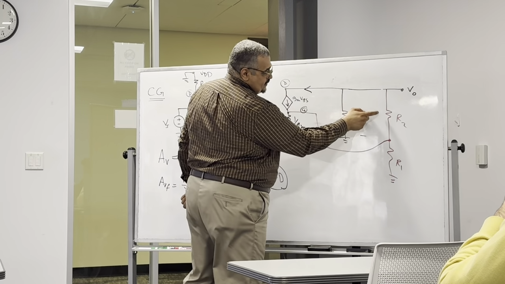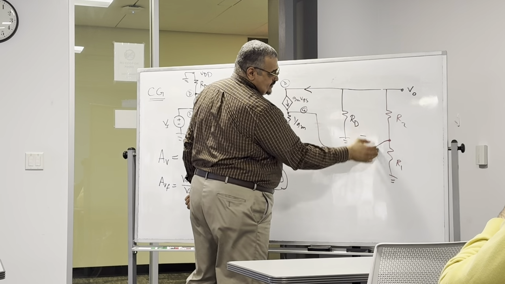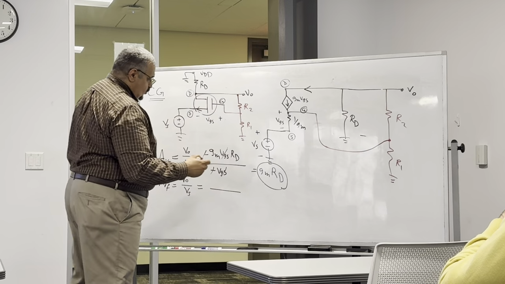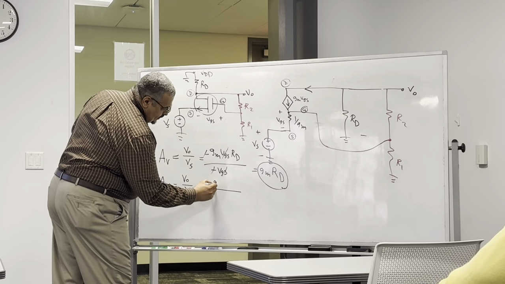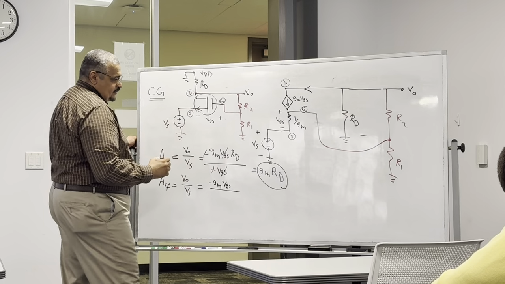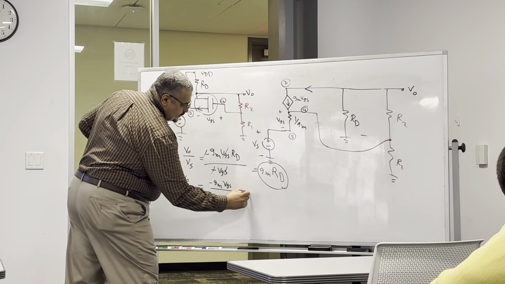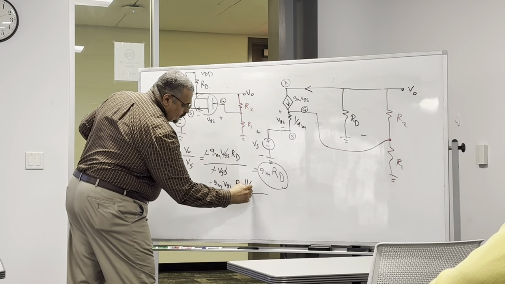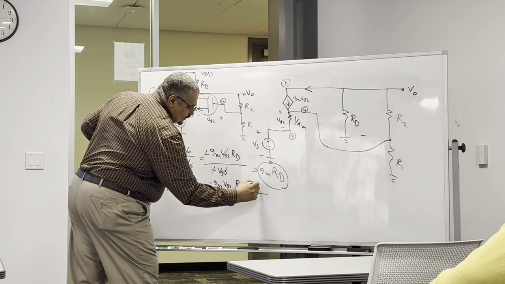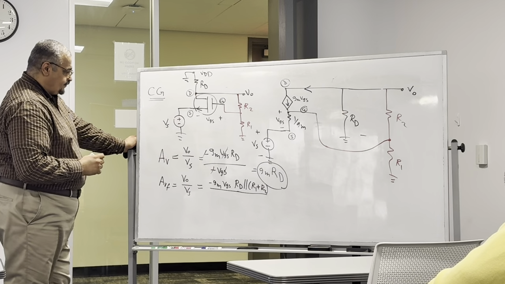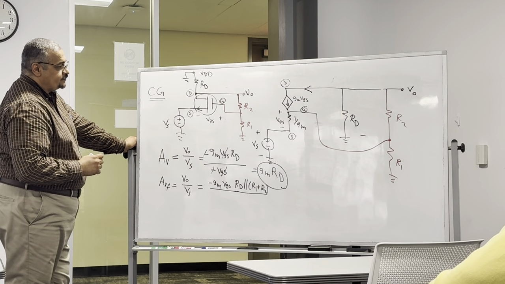It's passing through R1 and R2 in series, and the series combination is in parallel with RD, right? So this one is going to be minus GM VGS times RD in parallel with R1 plus R2, right?